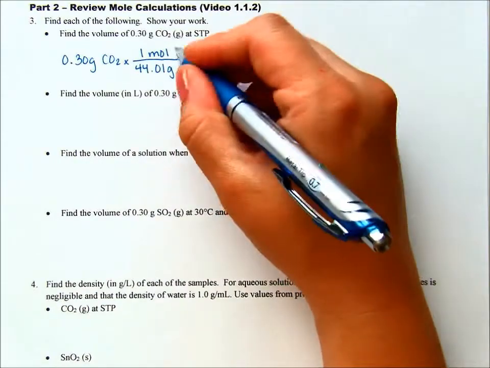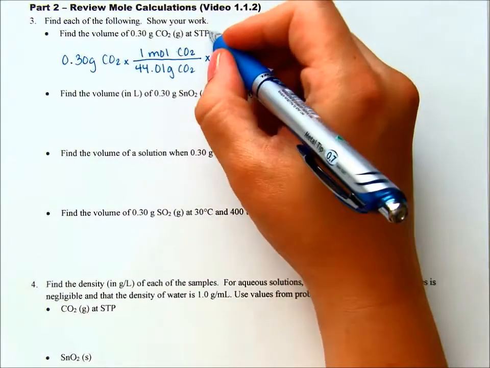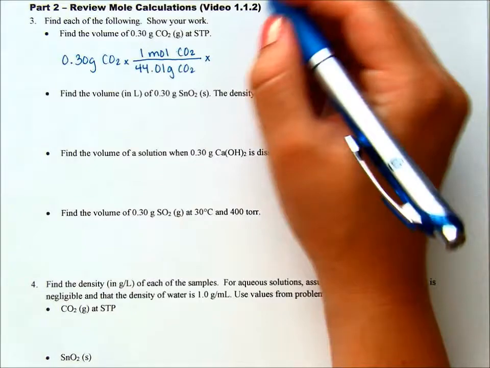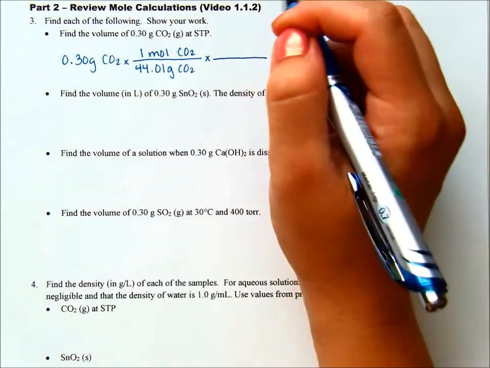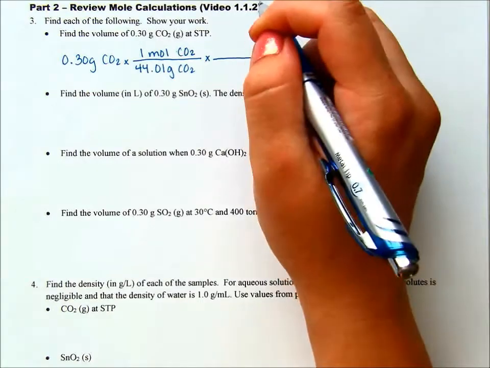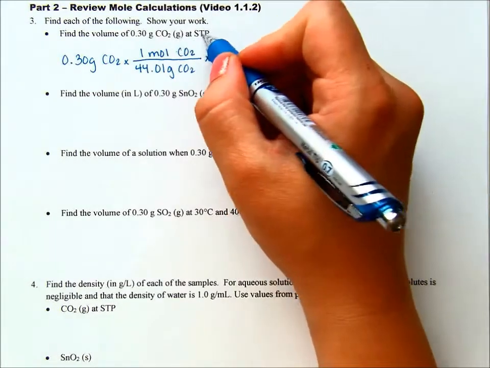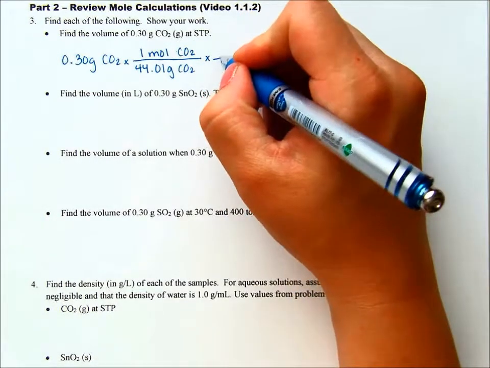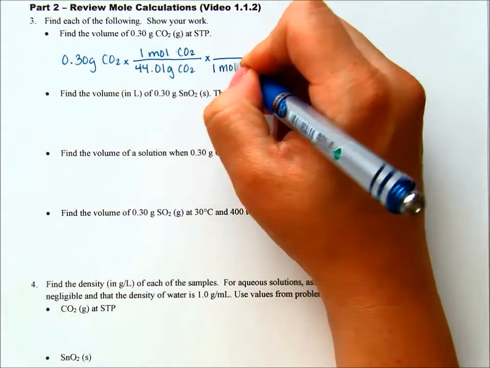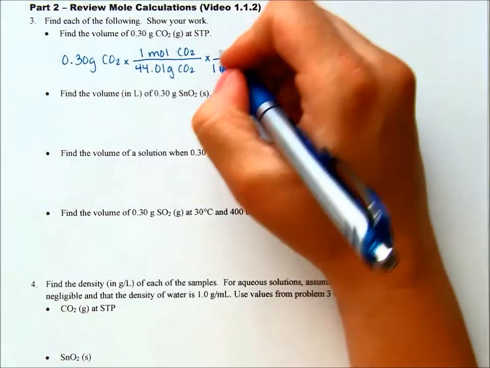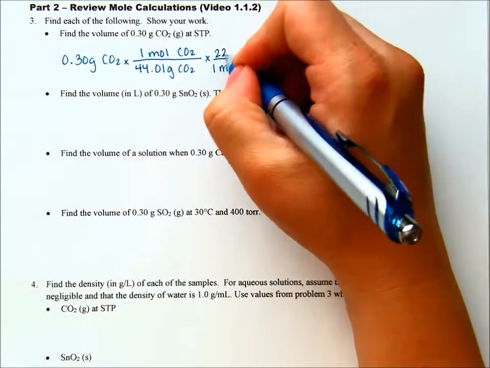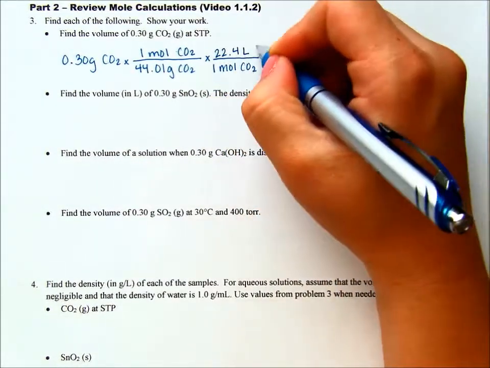So to go from moles of a gas at STP to volume of a gas, we have this really handy conversion. Only at STP, and only for gases, both of these are true here, so gas and STP, we know that 1 mole of any gas at STP, so 1 mole of CO2 at STP, is equal to, or takes up, 22.4 liters of space.